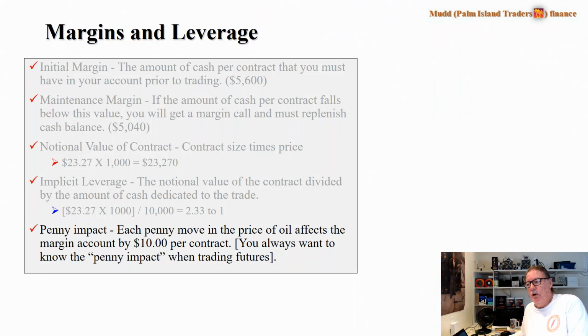You always want to know the penny impact when trading futures. So in other words, if the price of oil goes up or down by 1 penny, it'll affect the cash account by $10 for the large contract. It'll affect the cash account for my contract that I trade, the E-mini, by $5 per contract. Before you go into the contract, you need to know that.